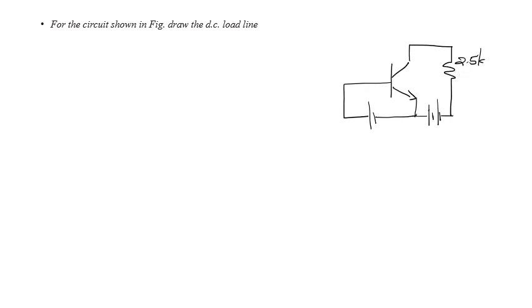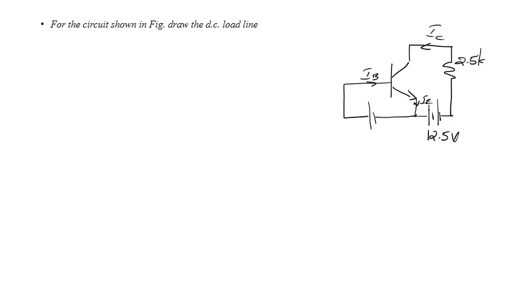This is 2.5K and this VCC is equal to 12.5 volt. And this is IB. Okay, so this is the circuit diagram.